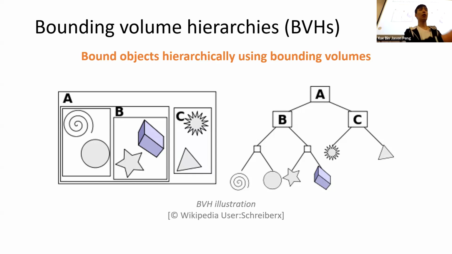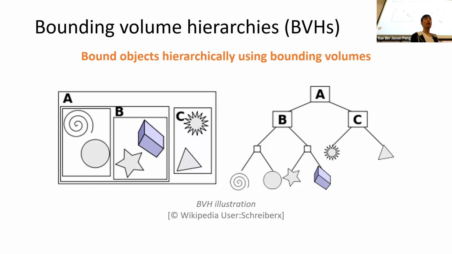And we can repeat this process recursively until we get down to bounding volumes that contain some minimum number of objects. So for example, in this simple scene here, we might stop partitioning the bounding volumes once we are down to, let's say, 2 objects per bounding volume. So in this case, bounding volume B contains 4 objects. So we can split that bounding volume into 2 bounding volumes that each only contain 2 objects each.